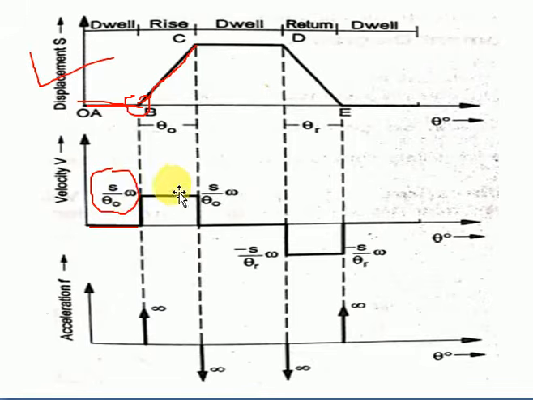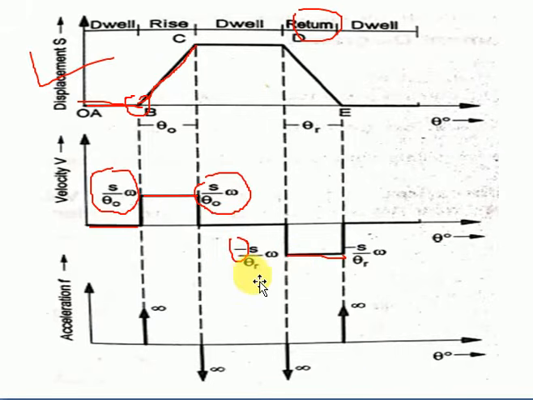So during the uniform velocity it is a constant. So s upon theta 0 into omega will be constant during the rise period, and during the return period it is again the same but downward, with a minus sign.